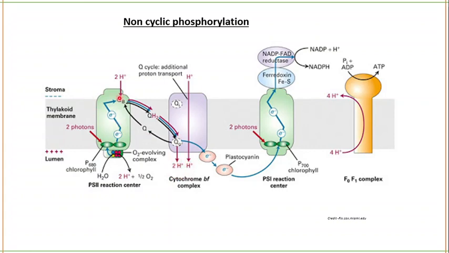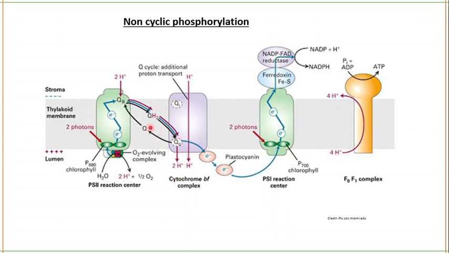Okay, so along with electron transfer, there is also proton translocation from stroma to lumen. For 2 electrons, there will be the translocation of 4 protons. For 1 electron, there is the translocation of only 2 protons, but for 2 electrons, there will be 4 protons translocated, and for a total of 4 electrons, there will be the translocation of 8 protons.